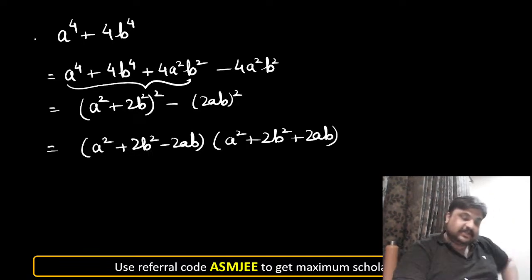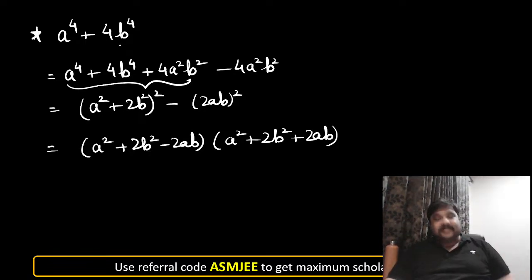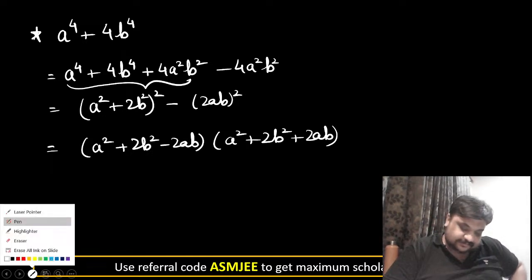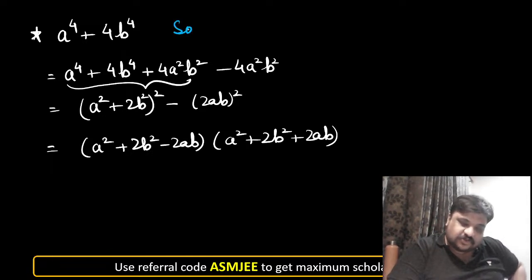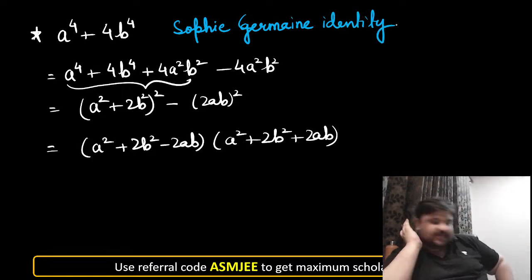So note this, that this expression looks like you can't factorize it. It gives you that illusion. It's a very famous expression. This identity is called the Sophie-Germain identity. It's a very famous identity.